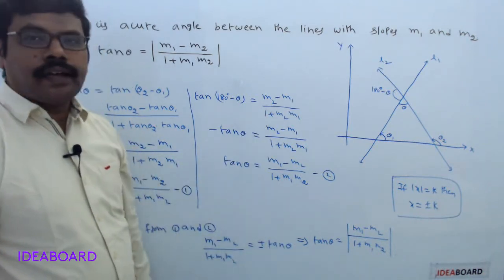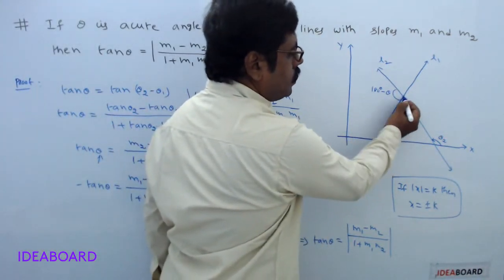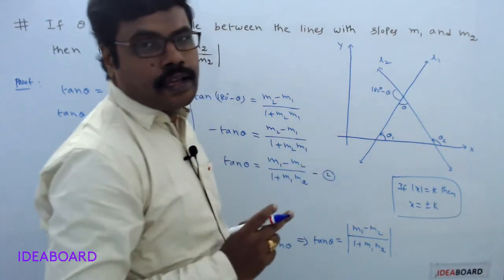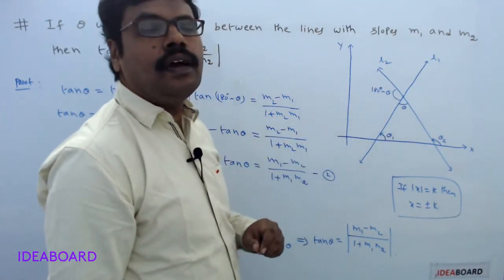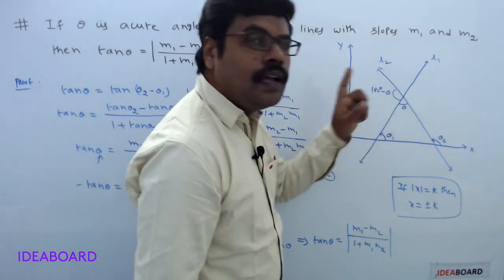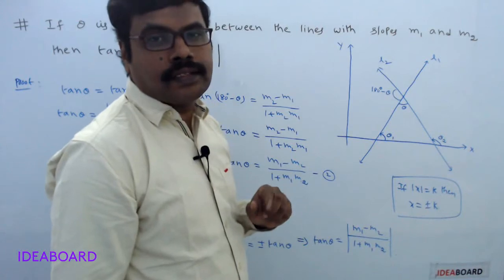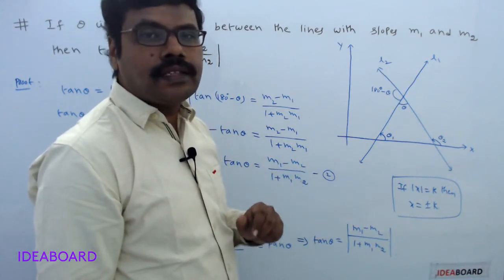If you observe the diagram, for every two intersecting lines, there exist two angles. One is an acute angle, the other is an obtuse angle. If one angle is acute, then the other angle is obtuse.